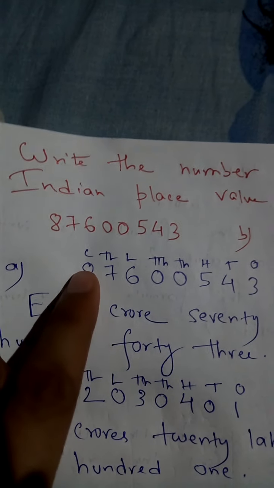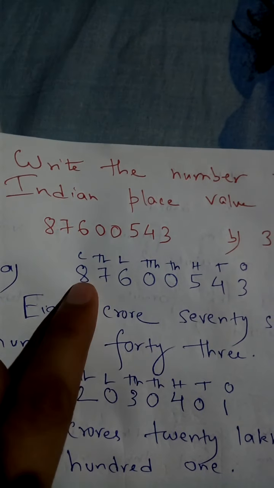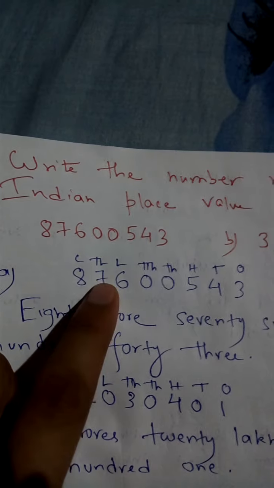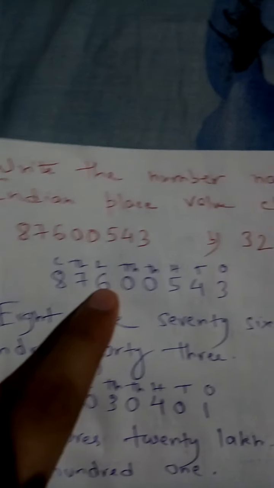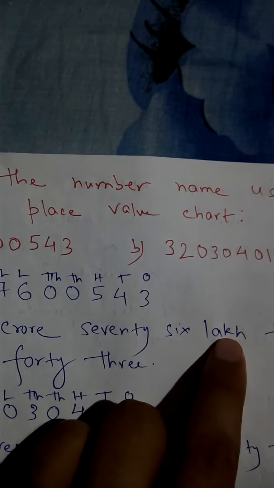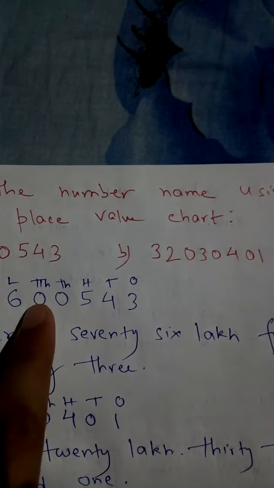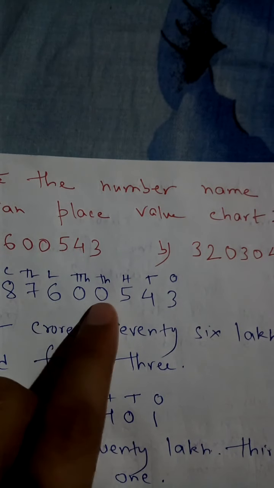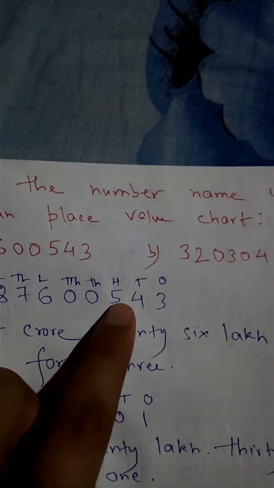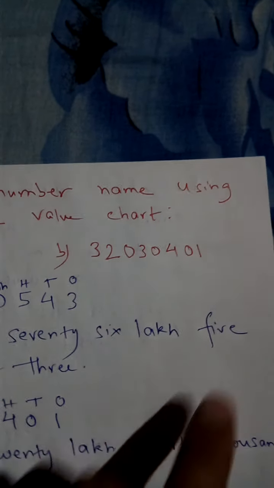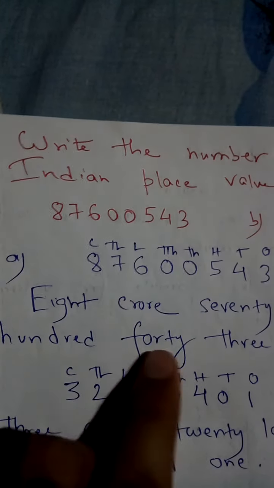What will be the answer? 8 crore, as you can see. Then together 76 lakh. There is no 1000 group, 00, so no need to write it. And the last one is 543.